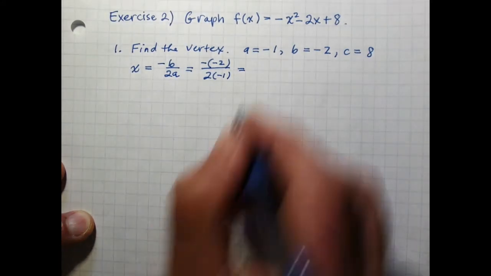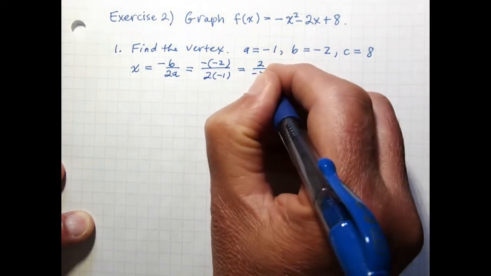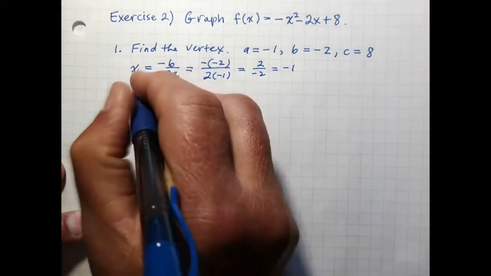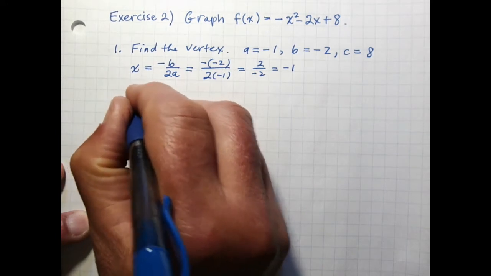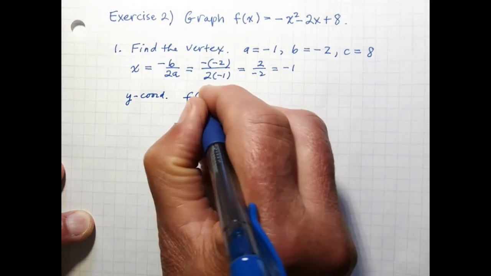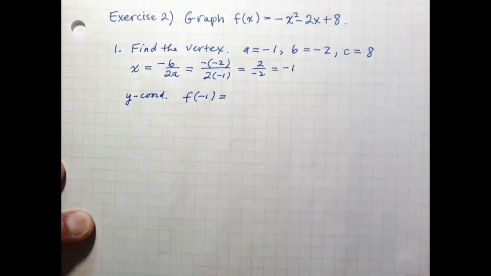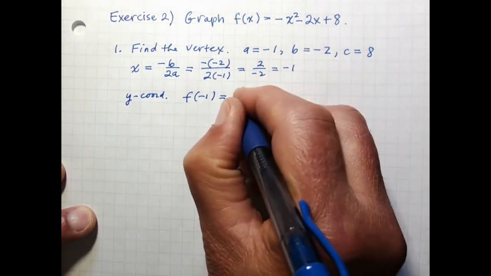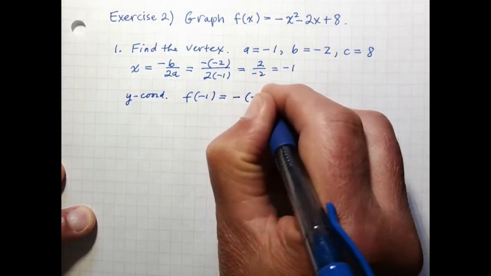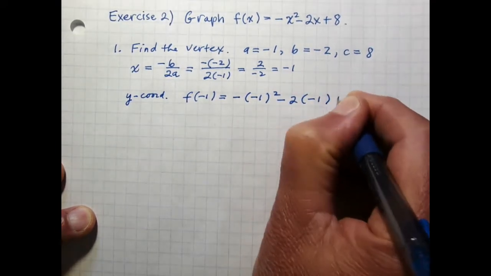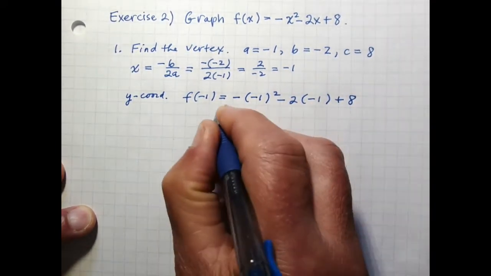It looks like I got 2 over negative 2, or negative 1. So the x-coordinate of the vertex here is -1. To get the y-coordinate, I'm just going to plug in -1 into our function expression. So that's negative -1 squared minus 2 times -1 plus 8.